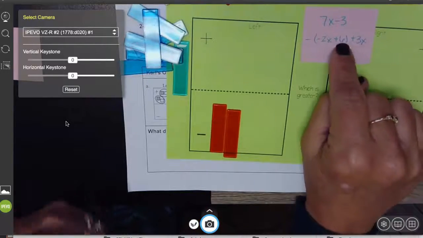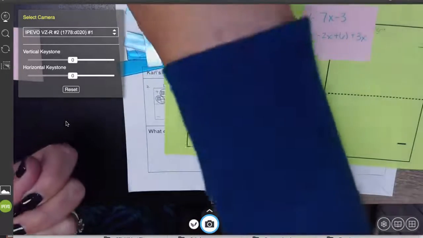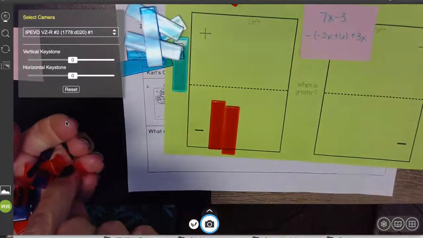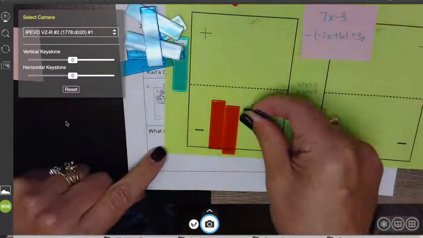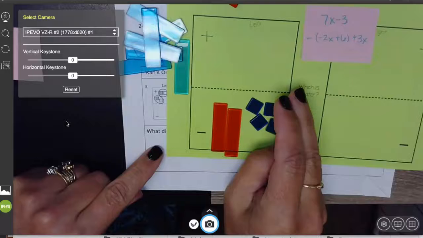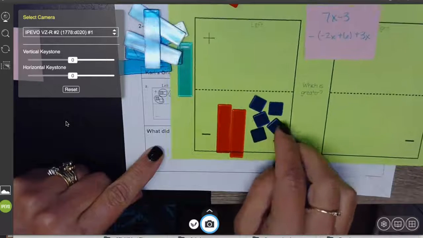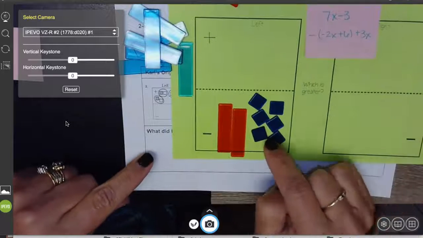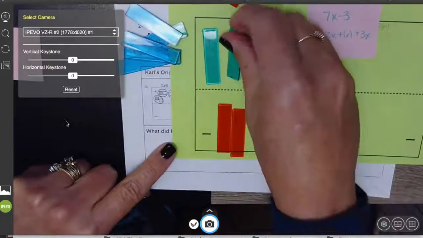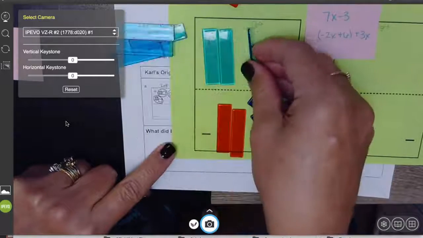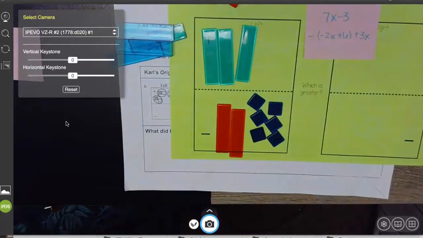Then we have a positive 6, so we could take 3 of these blue ones, but it also says it's the negative, so we would want to put them down here because that would be the negative of positive 6. And then our 3x we could show like this. So there's one way to show that one.